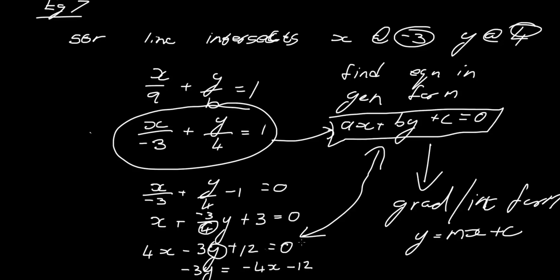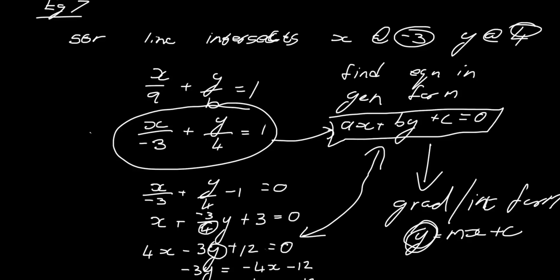Then we want y by itself, so let's divide the whole equation through by minus 3. That leaves y equals minus 4 over minus 3 x minus 12 over minus 3.